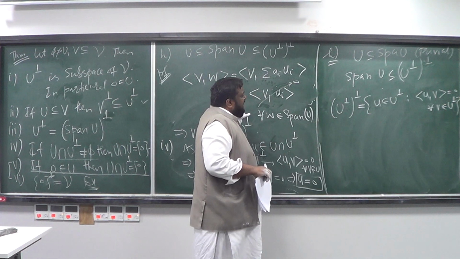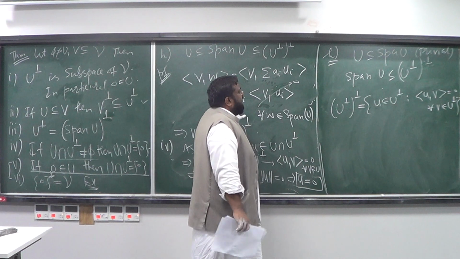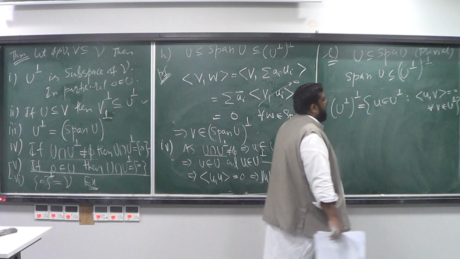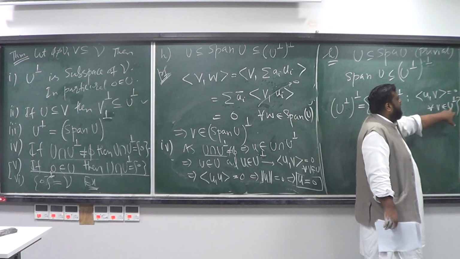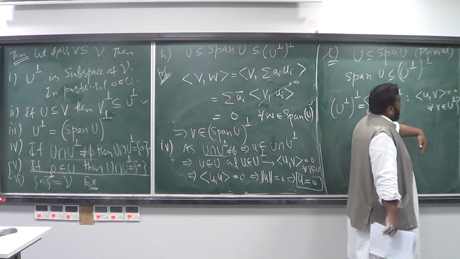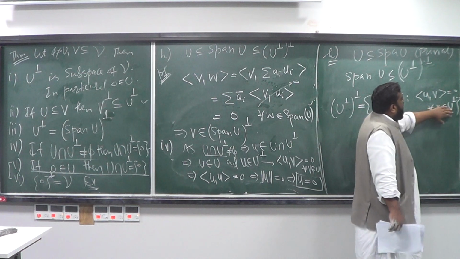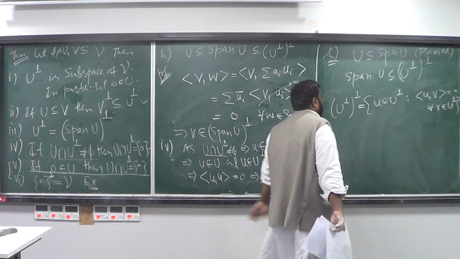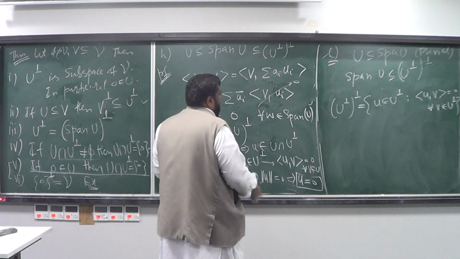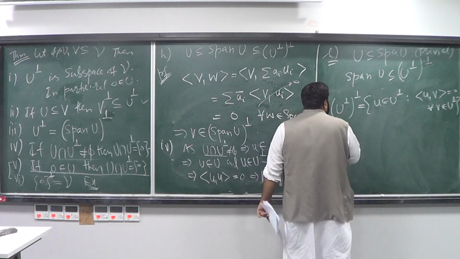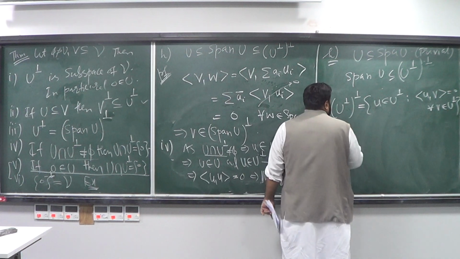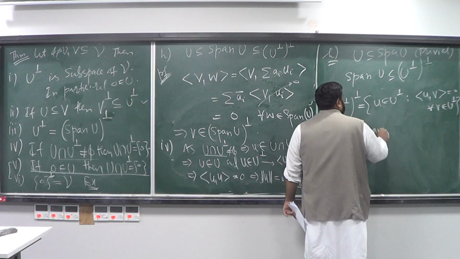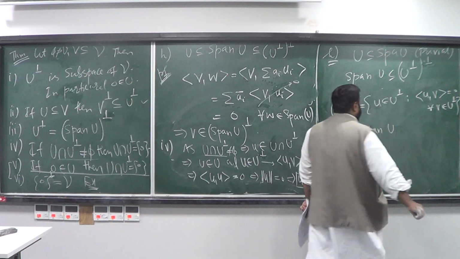So U perp of the perp is a collection of those vectors which are orthogonal to every single element in U perp. So therefore, U would belong to the perp of the perp actually. So let's take, for example, a vector V from the span of U.